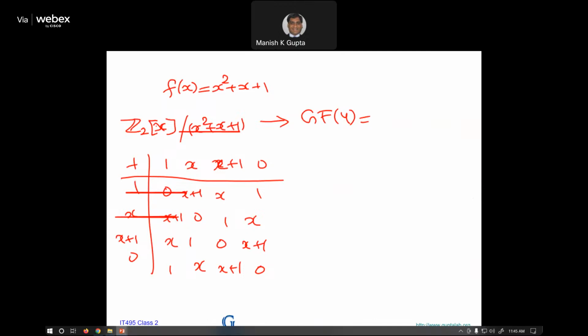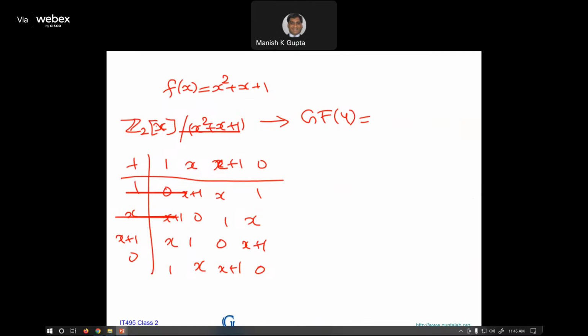Those things you recall. The important thing I want to tell you: if the modulo polynomial that we are taking is irreducible over the ground field, here because x square plus x plus 1 has no root in the ground field, when you do this operation of modulo, you get a field, the whole space is a field.